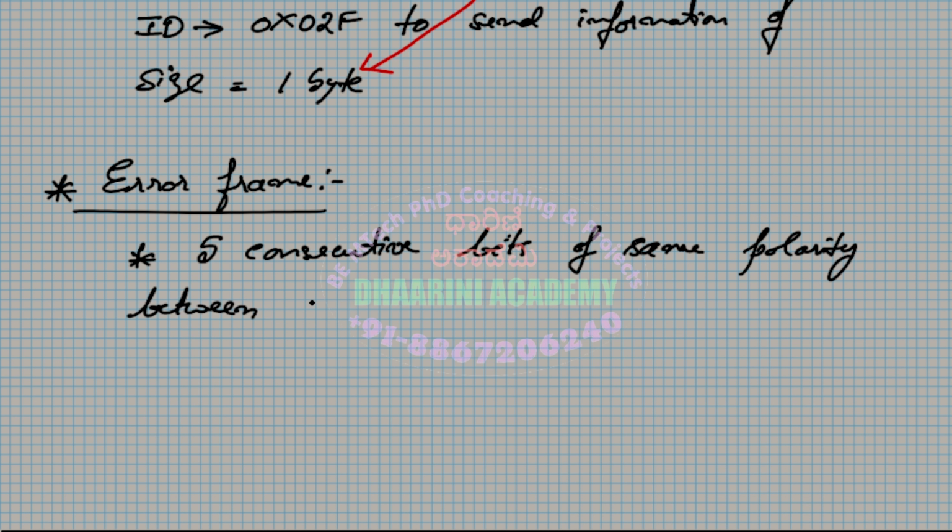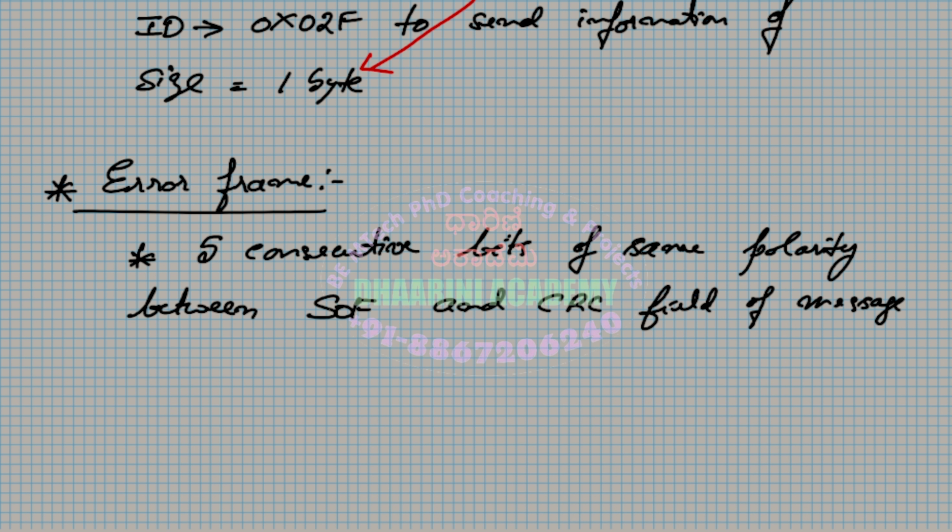There is a condition: it's not like you randomly send 5 bits. Between the SOF, the start of frame, and the CRC field of the message, you should send them. That's the only condition.